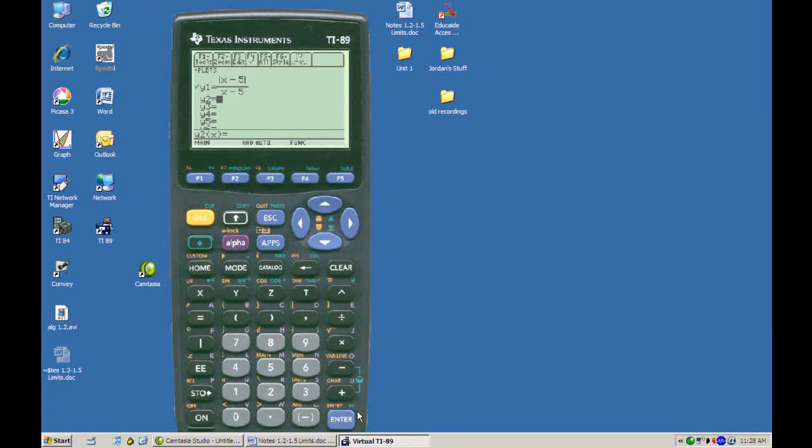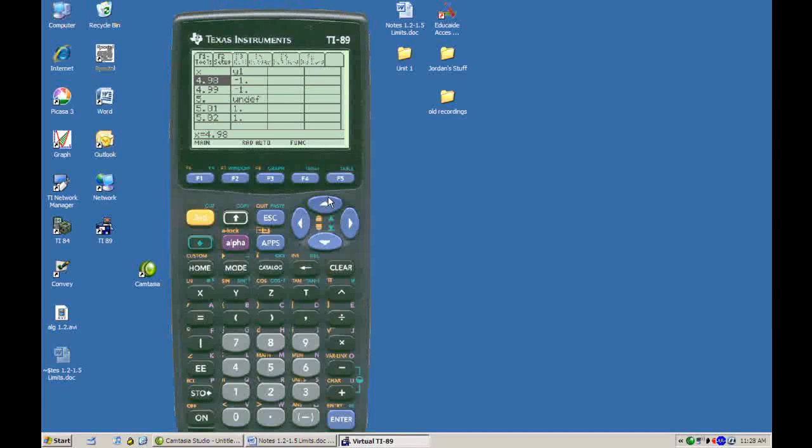All right, and I want the limit as x approaches 5 from the left. So I want to start my table at 5. My delta table is 0.01. That's fine. You have to hit enter twice in order for it to actually take. And then I'm going to go to the table.